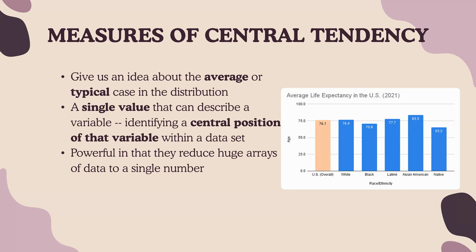We can gather information on every person in the US and their age, but that's hundreds of millions of cases. To make it more manageable, we often say, well, what is the average age? Well, what's the average age given a specific race or ethnic background? Right here, we see the average age is 76.1, but for each racial group, we see that it's a little bit different. Our average life expectancy, I should say.